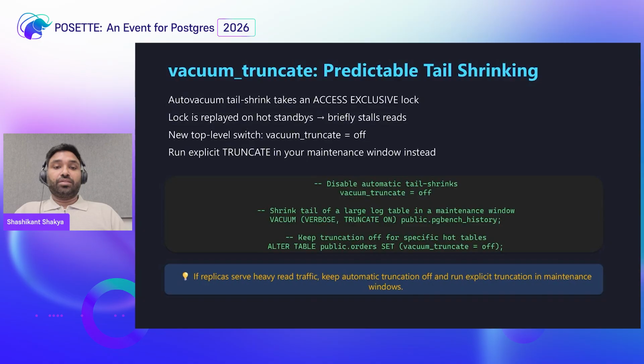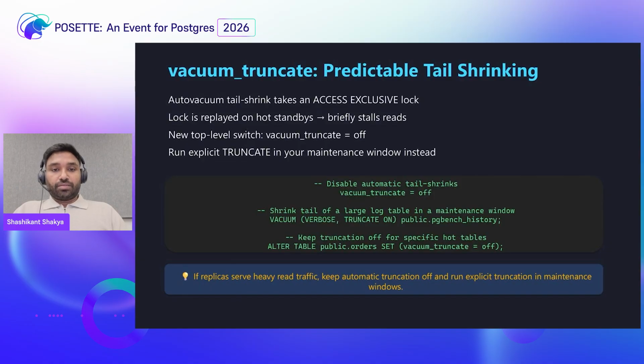If you are using your replicas for read workloads, the reads on the replicas briefly stall, and this creates a problem for your workload. With PG18, you can now control this behavior more explicitly by turning it off at the instance level by changing one switch: vacuum_truncate.